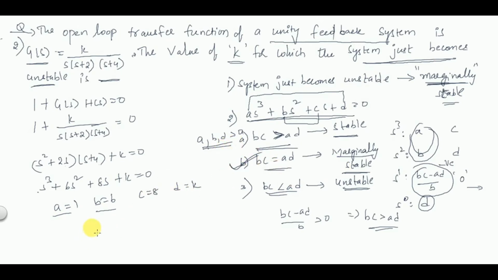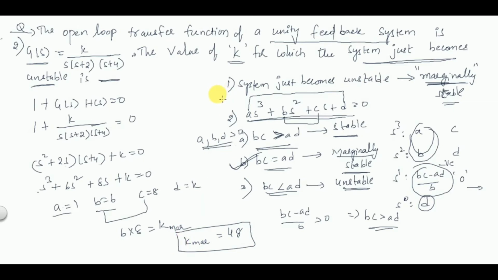So BC is equal to AD. B into C, that is 6 into 8, is equal to AD. AD is 1 into K, so 1 into K is K. So that is the marginal value of K. So K marginal is equal to 48. This is how we can solve this question.